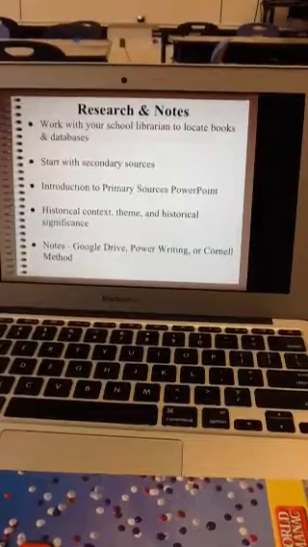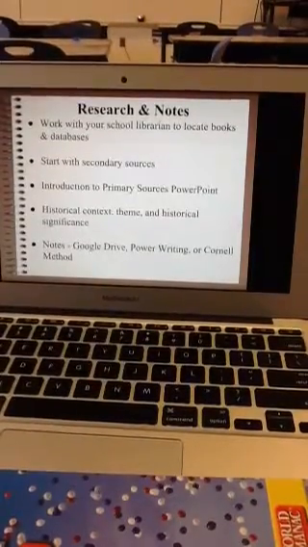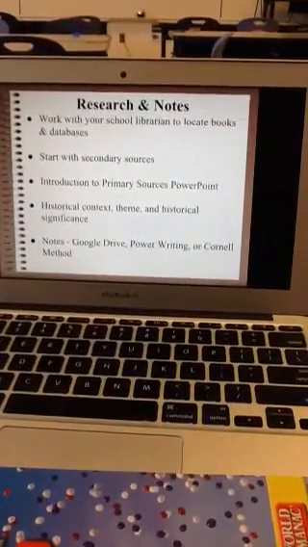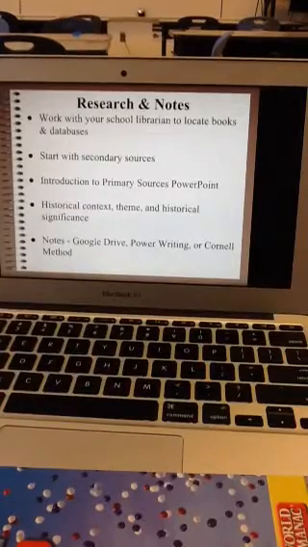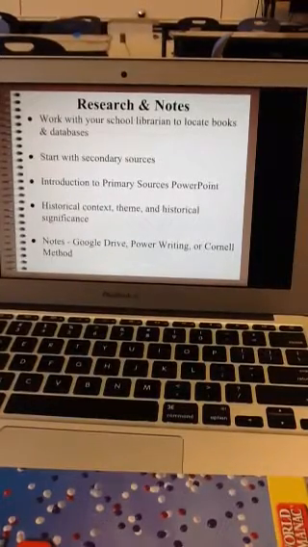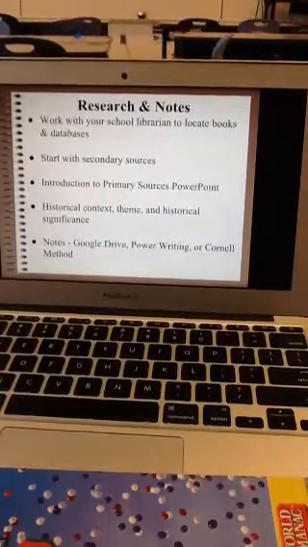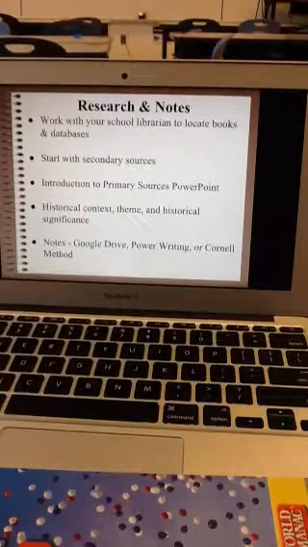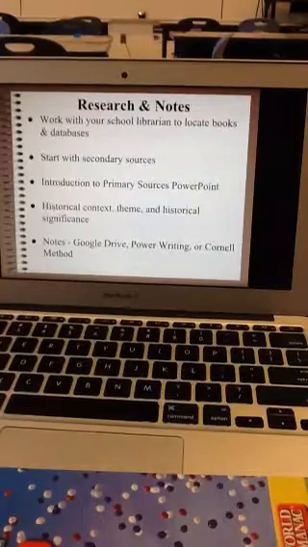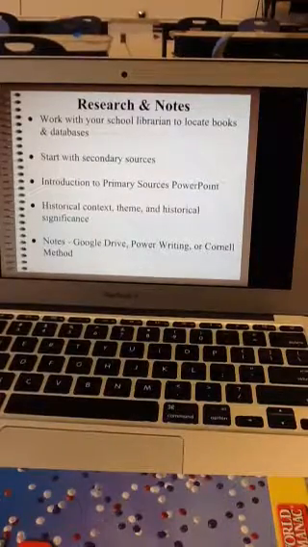All right, so research and notes. After they've selected a topic and it's been approved by me, so again, they don't start any research until I've actually approved the topic. And again, the topic this year has to relate to conflict and compromise in history. I always have them start with the library and see what resources exist.